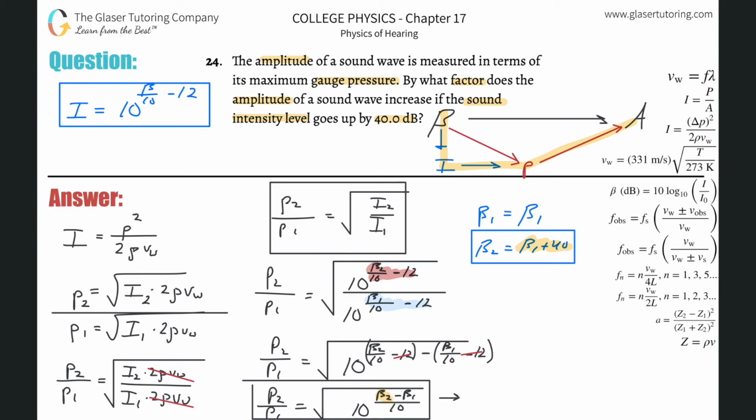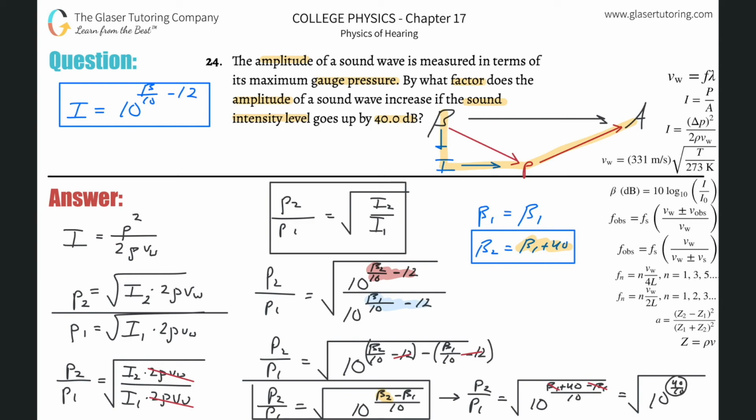So P2 all over P1 is equal to the square root of 10 raised to the beta 1 plus 40 minus beta 1 all over 10. And look what happens. The beta 1 cancels with that beta 1 because they're being subtracted from one another. So this simply equals the square root of 10 raised to the 40 over 10.